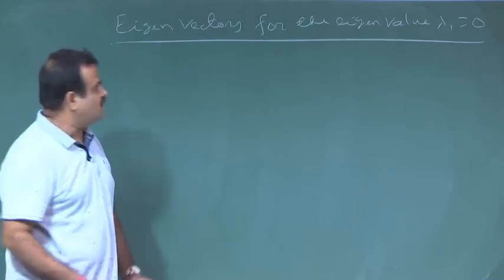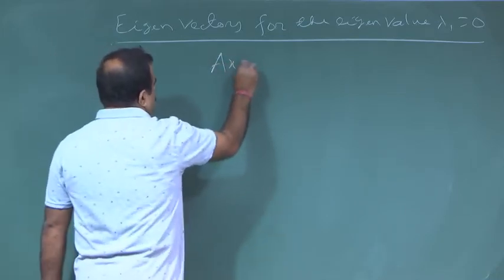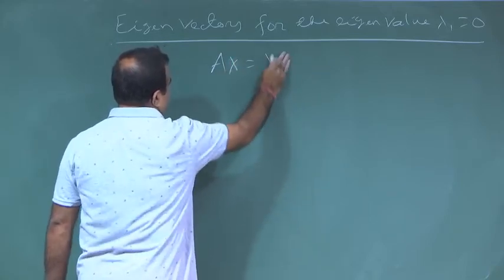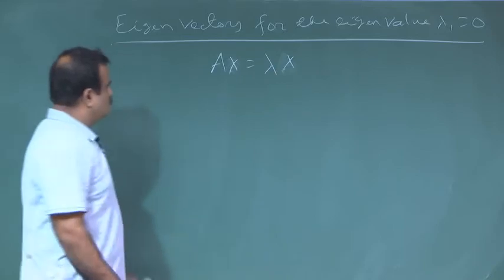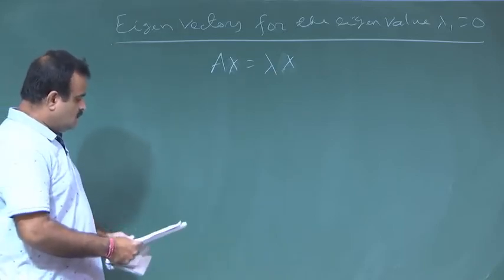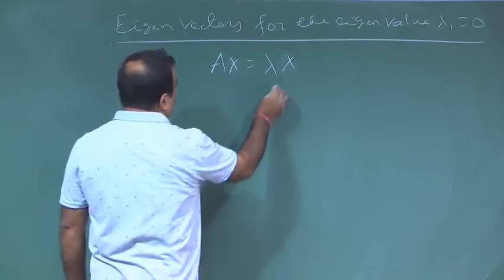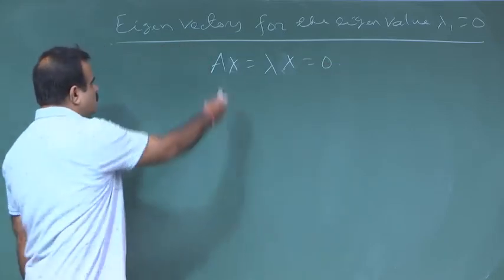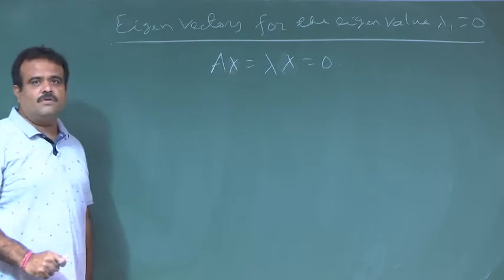How do we get the eigenvectors? We need all the non-zero vectors x for which A x equal to lambda x is true. Now, lambda is 0, so we have to find all the non-zero vectors x for which A x equal to 0.